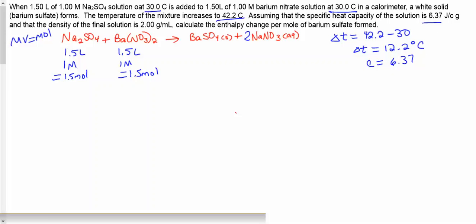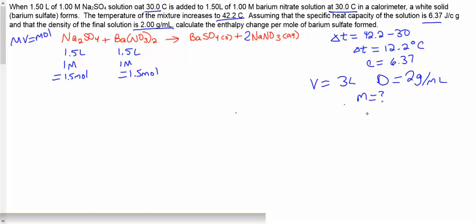We can get the mass from the volume of the two solutions that are added together. We know that we have 1.5 liters of each for a total of 3 liters, and we know that's our volume. And we know that the density is given to us in the problem as 2 grams per milliliter. So we just need to find the mass.